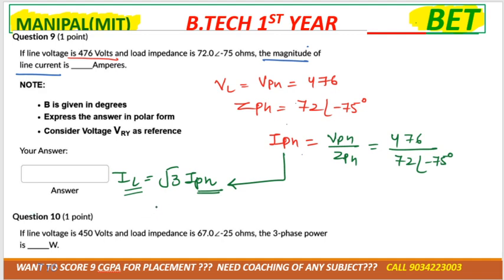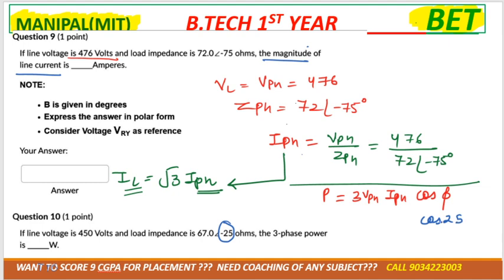See, in this case we need to calculate power. What is the formula for the power? That is P is equal to 3 VPH IPH cos phi, right? So cos phi, phi is given directly, the angle of impedance is the phi only, so cos of 25.